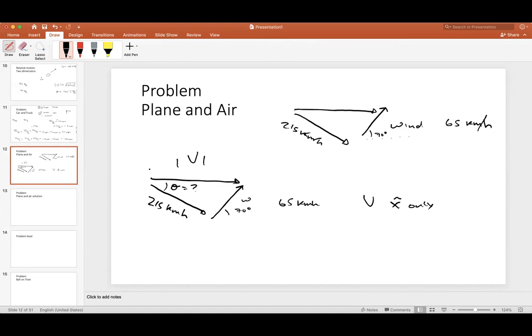It's actually giving us the velocity of the wind versus the ground, if the ground were at rest, and that's a bit tricky. We can break this up into v of x and v of y, wind versus ground, and this would be 65 cosine of 70 and 65 sine of 70 degrees, because we know that this thing's making an angle of 70 degrees to the x-axis.